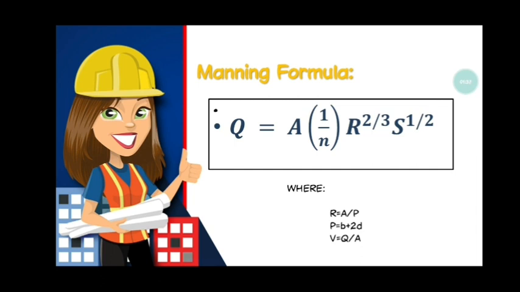It can be seen that A, N, and S are constant. Q is maximum when the hydraulic radius R is maximum. And since R is equal to area over perimeter, R is maximum if P is minimum.